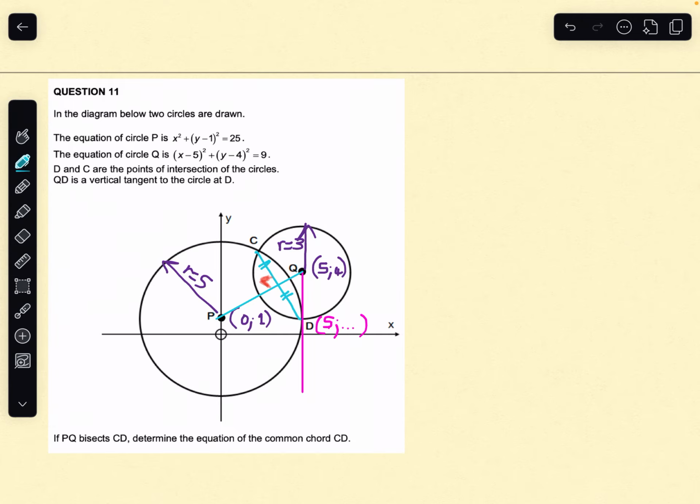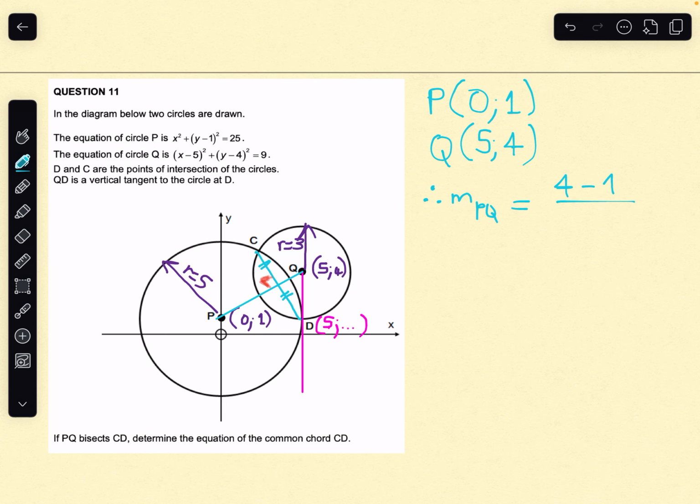So, right, I'll start by saying the coordinates of P are (0, 1), the coordinates of Q are (5, 4), and that's based on the equations that we were given of the two circles, right? And so therefore the gradient of the line PQ would be (4 minus 1) divided by (5 minus 0), right?